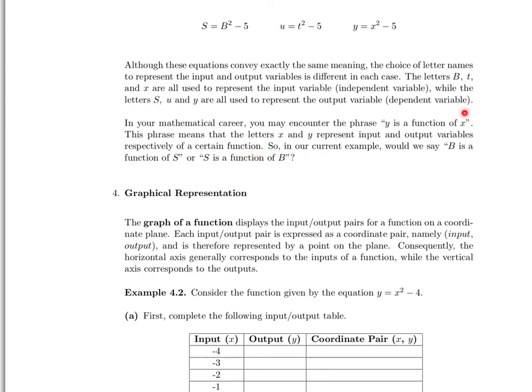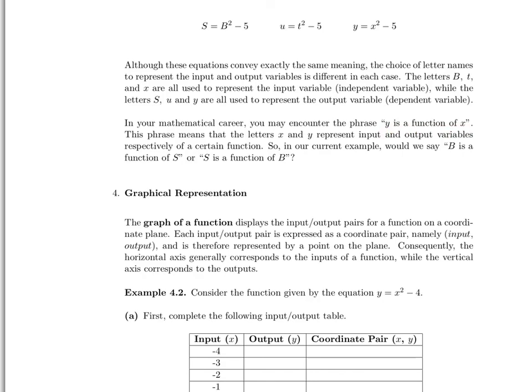In other words, x represents the input of a function and y represents the output of a function. Another way of translating this phrase is to say y depends on x. So when you hear the phrase y is a function of x, think to yourself, y depends on x.